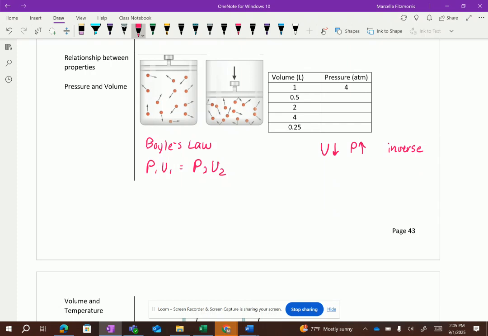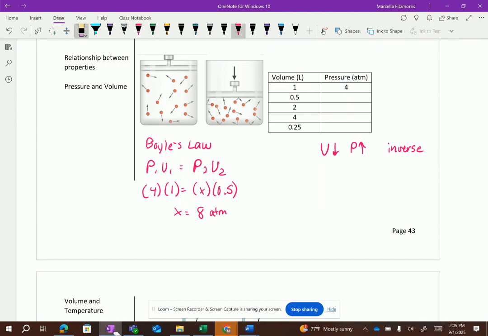So like in this chart, if I know the volume is 1 and the pressure is 4 to begin with, and later on I want to know the pressure, and I know the volume is half, I can find out that that pressure is now 8 atmospheres by solving for x.